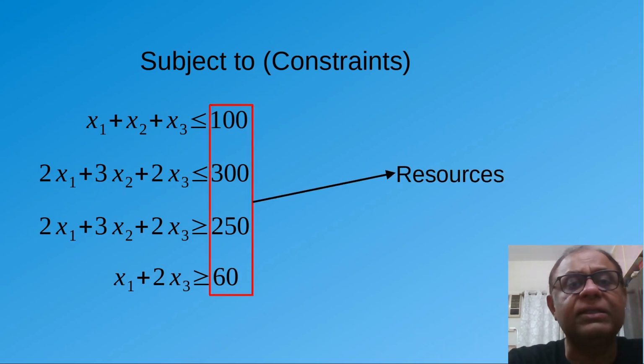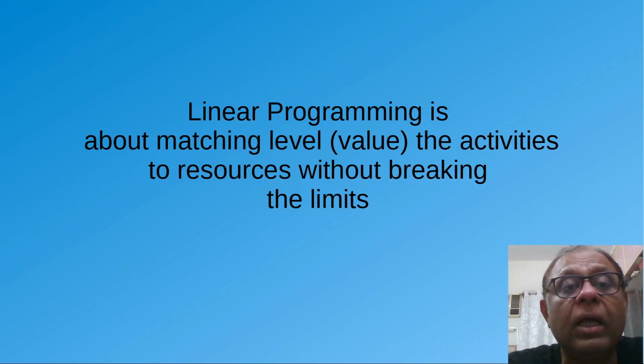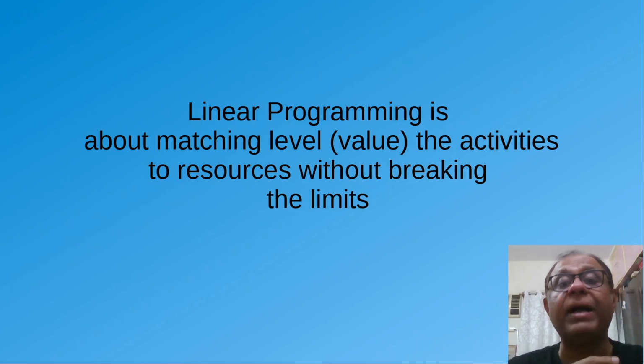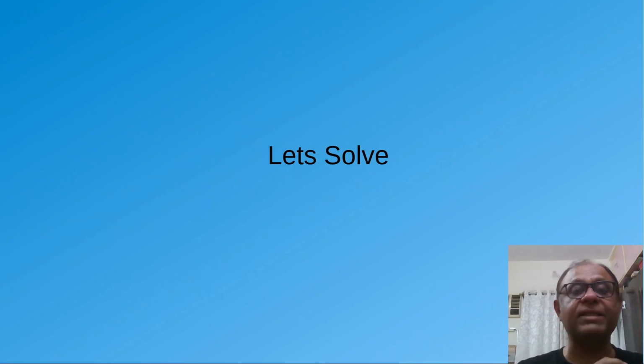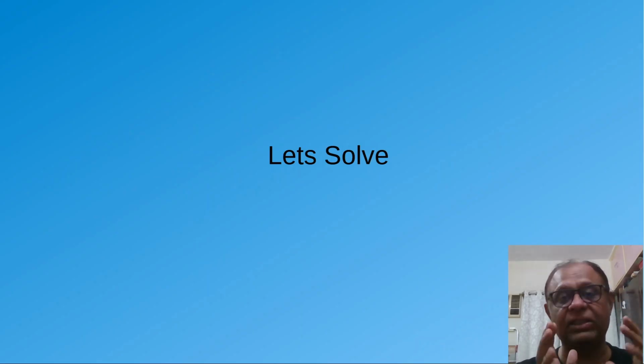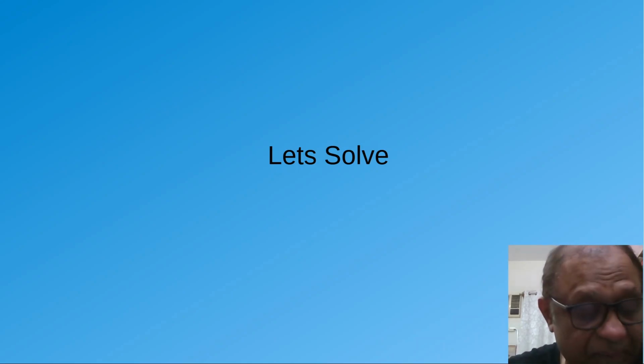Now we need to understand here that the RHS of these constraints are known as resources. So what is linear programming? Linear programming is about matching levels, that is the value of the activities, to resources without breaking limits. So let's get ahead and solve a problem and check what is sensitivity analysis.